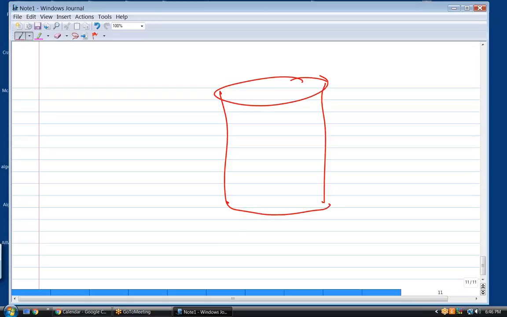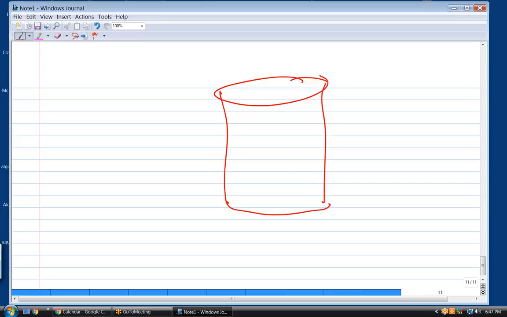Let's say you're Coors or Miller. I'm not a beer drinker, so I don't even know the brands. Let's say you're designing a beer can, and you want to design it for the maximum possible volume given the minimum possible surface area.